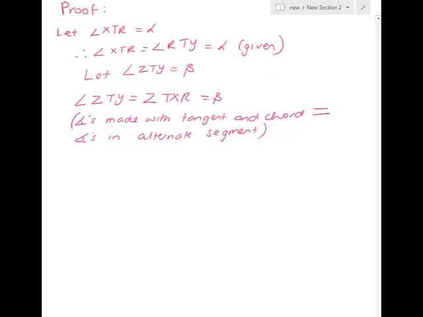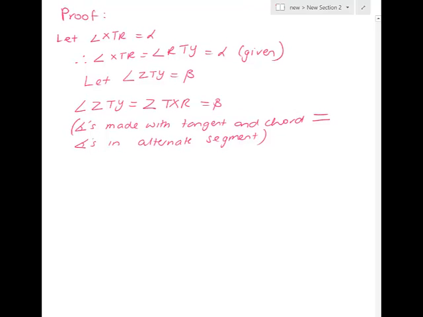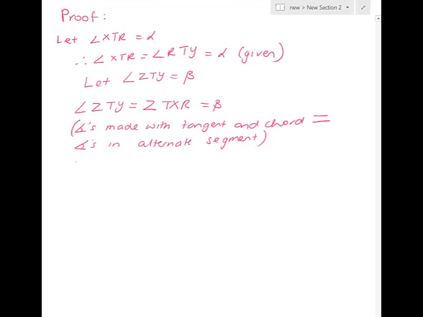Then we moved on to looking at the other triangles. So in triangle XRT, we know that the exterior angle TRY is equal to alpha plus beta, and that reasoning is exterior angle in a triangle.